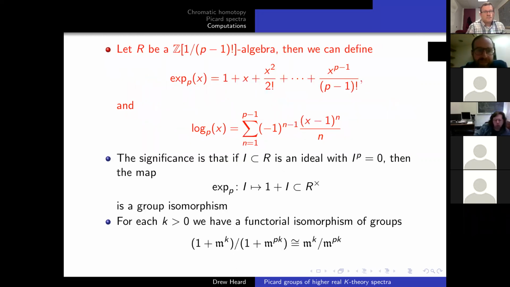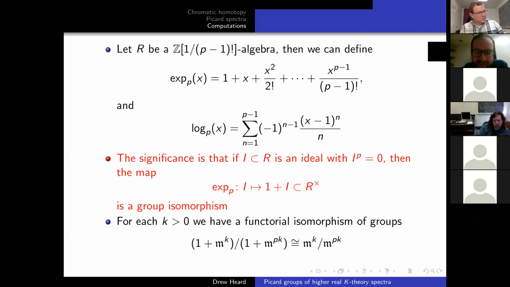Okay, we're again in the situation where now we're going to let R be a Z-adjoined-1-over-(p-1)-factorial algebra. And we have these nice p-truncated exponential and logarithm here. You define the exponential function and the logarithm in the usual way, as in calculus with Taylor series, but we can just truncate them at the (p-1)st term, or the p-th term.